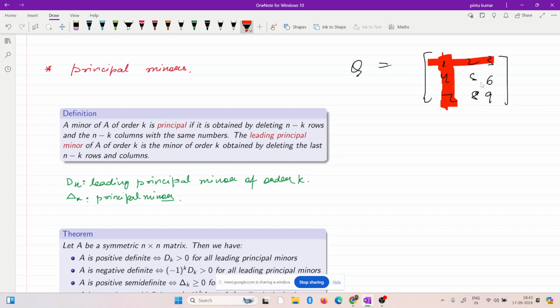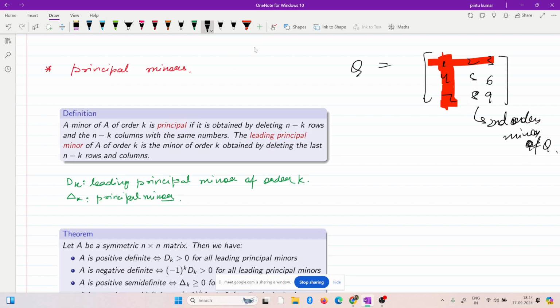So this 5, 6, 8, 9 that I have left is a second order minor of my matrix Q. You just remove some row, some column, and whatever is left is called a minor of your matrix.